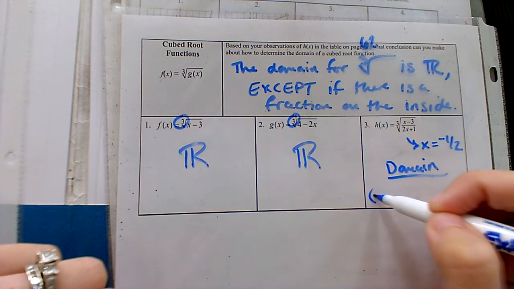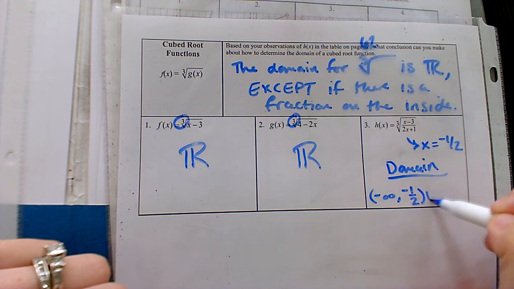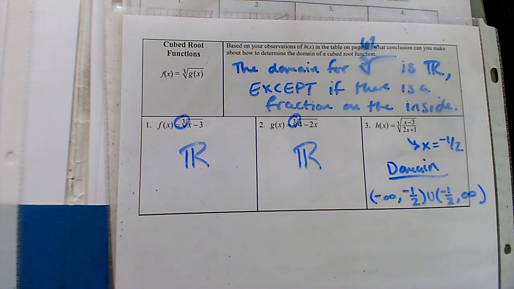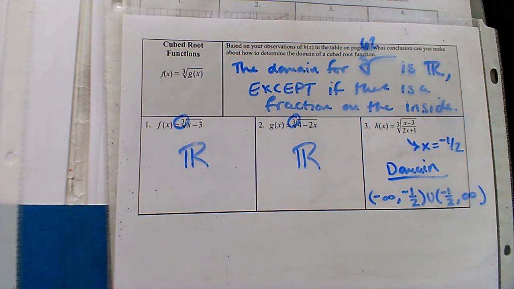So in interval notation, we'll go from negative infinity, skip over negative 1/2, and then go to positive infinity. So cubed roots aren't too bad, because they're normally all real numbers. You just have to be careful about if there's a fraction, because we know some things can go wrong with fractions, if the bottom is 0.